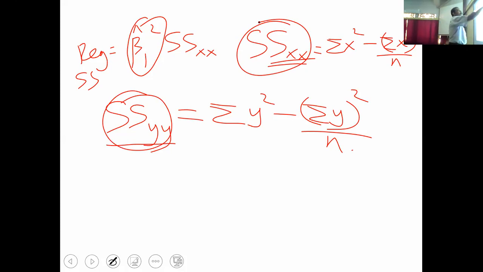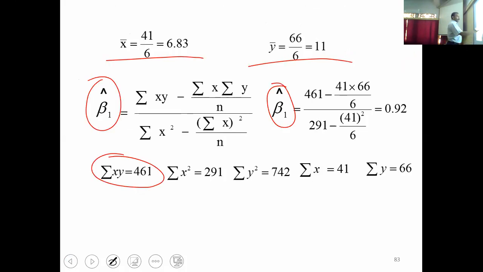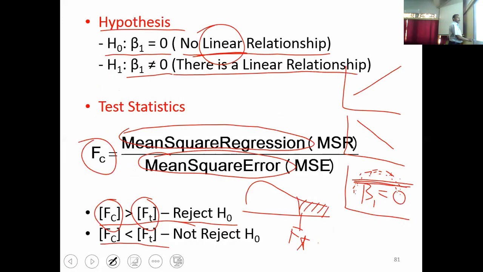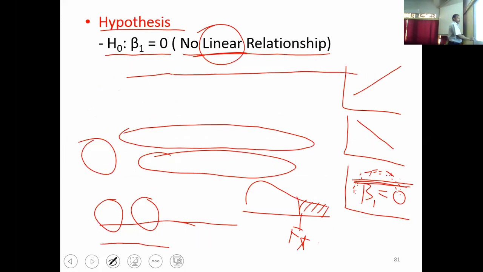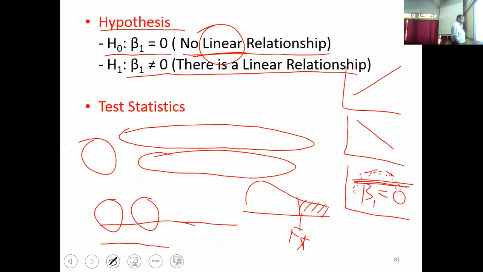This information we got from our table, so we can calculate the values. Look at this table. So you need this table, right? If you know these two, then we can calculate the error sums of squares.